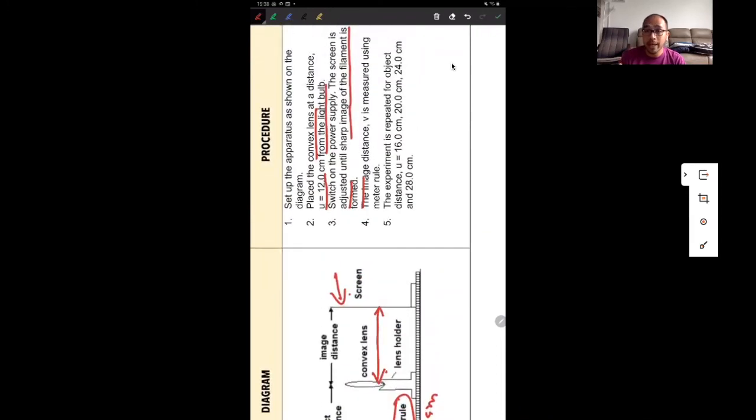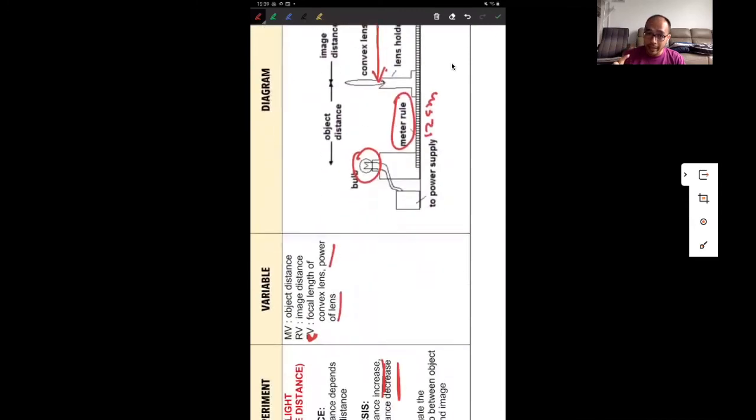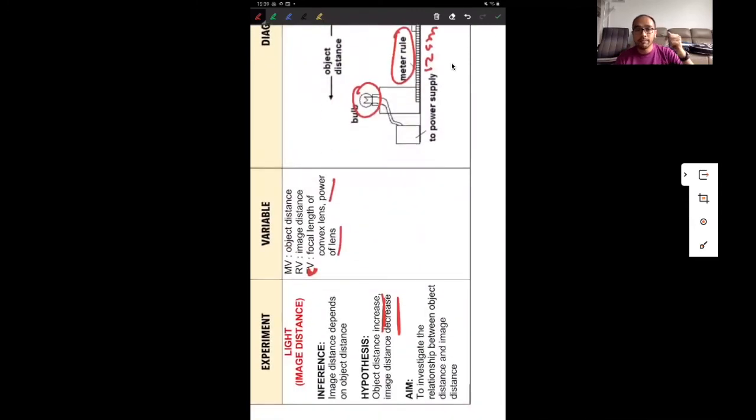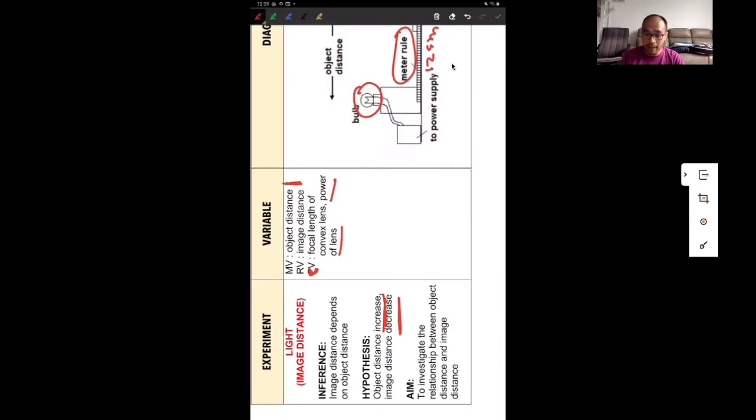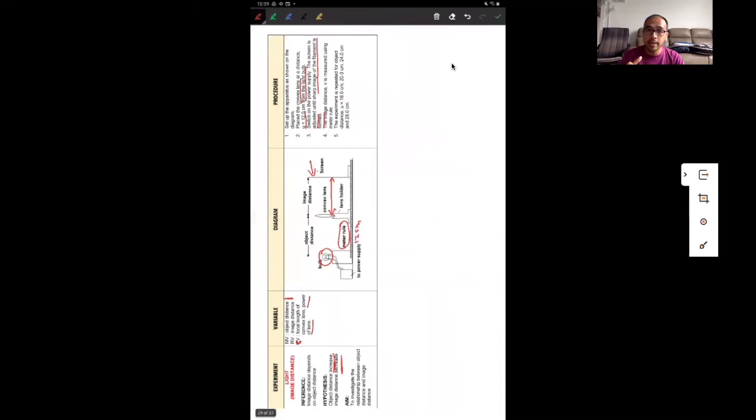Then you repeat the experiment and do the same thing again. But that is if the variables are object distance and image distance. If the variables are object distance and image distance, this is how the experiment will be like. And the reason why I say this is, if you're taking a screenshot, better take a screenshot of this now because I'm going to move on already.